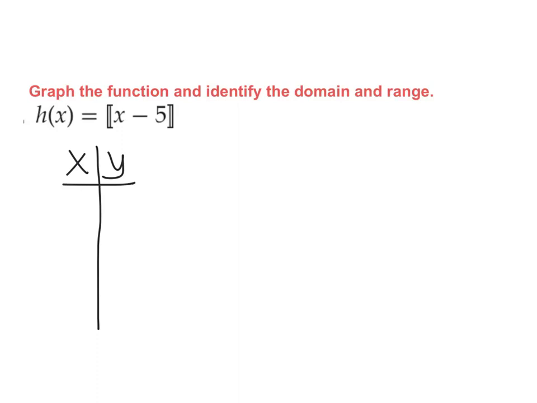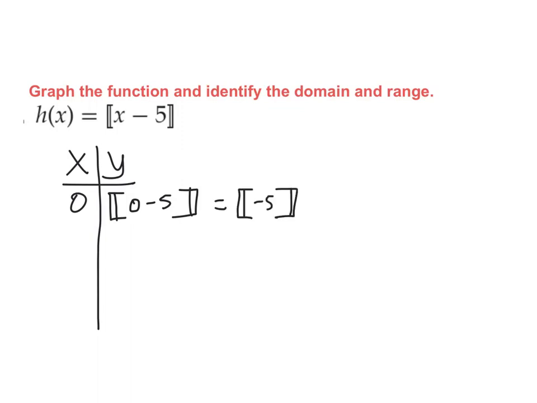All right? Now, the best place to start of course, is with what value for x? 0. Let's throw 0 in there. So here's where I'm at. I've got y equals the greatest integer function of 0 minus 5. Right? Well, what is 0 minus 5? Negative 5.